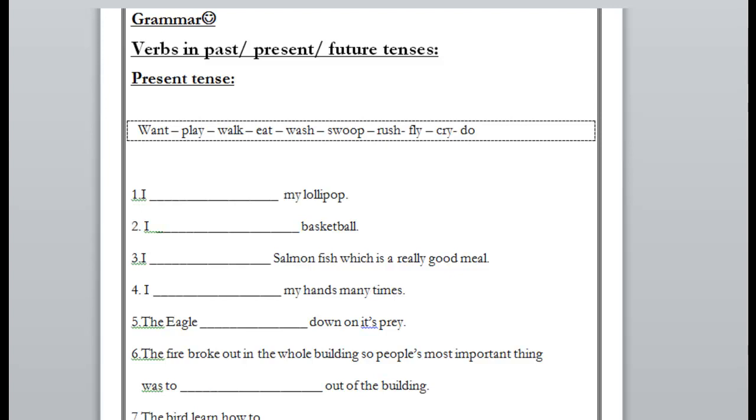The present verbs come without any kind of additions, okay? Except if we add s with he and she and it. Otherwise, no additions, okay? But if we talk about the past tense, we add ed to the verb without any s, even for he and she and it.